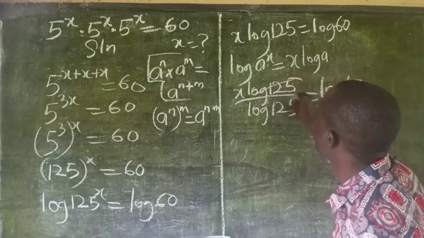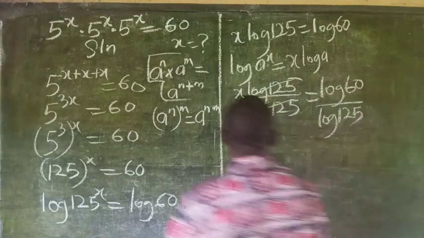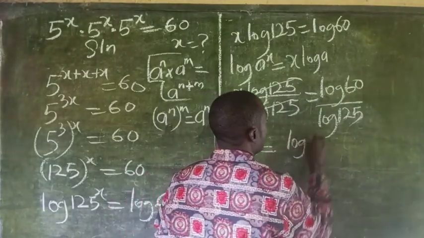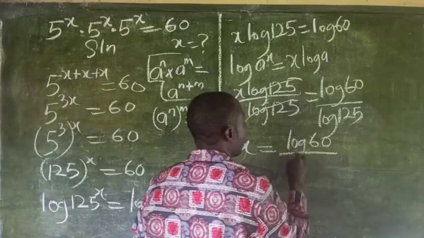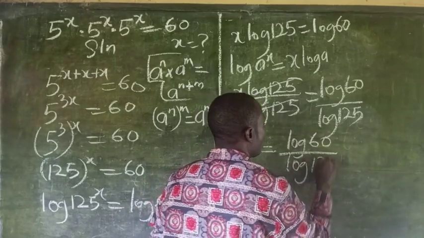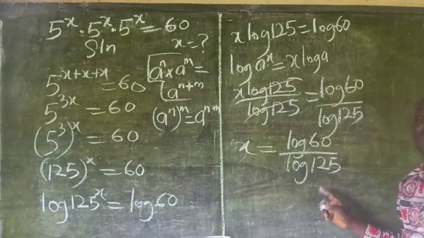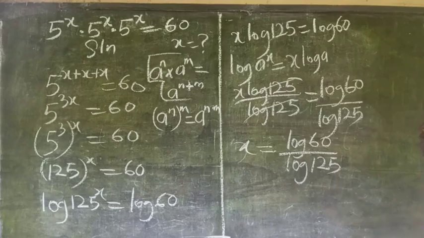Of course, log 125 will cancel out, leaving s, which is exactly what we're looking for, equals log 60 over log 125. We can consider this to be our final answer, but there's something we can still do to further simplify it.